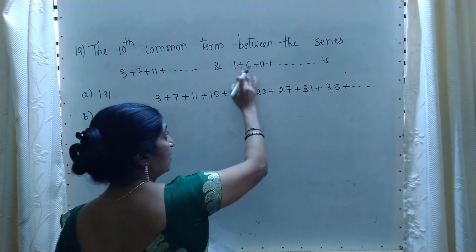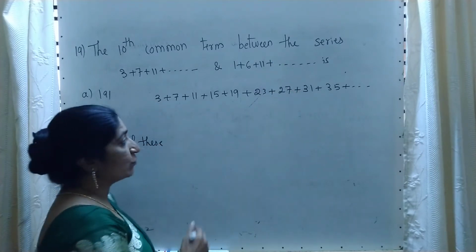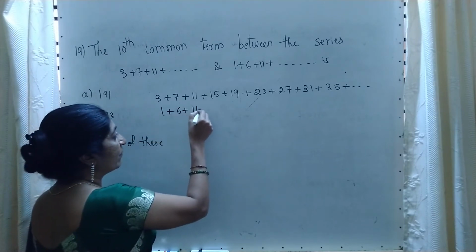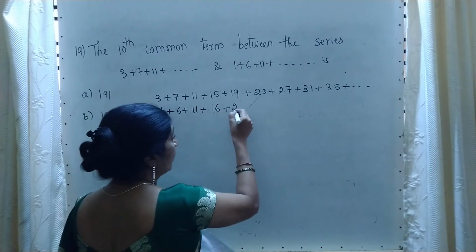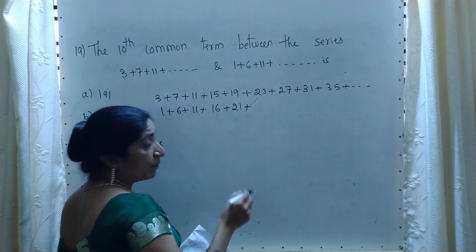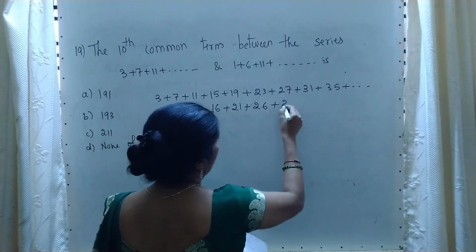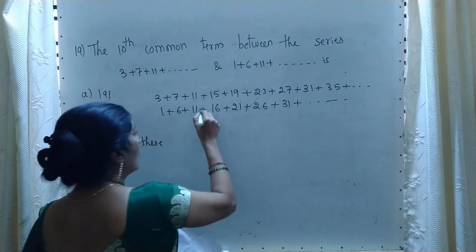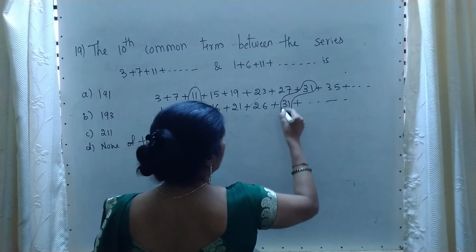Next, the second series is also in AP. By adding 5 to every number, you get the next one. So 1 plus 5 is 6, 6 plus 5 is 11, 11 plus 5 is 16, 16 plus 5 is 21, 21 plus 5 is 26, 26 plus 5 is 31. I am not writing the next because we got here the first common term 11, and the second common term 31.